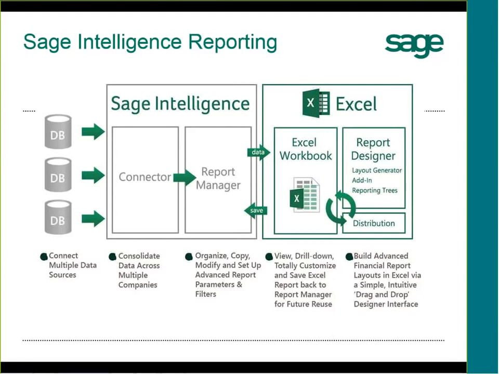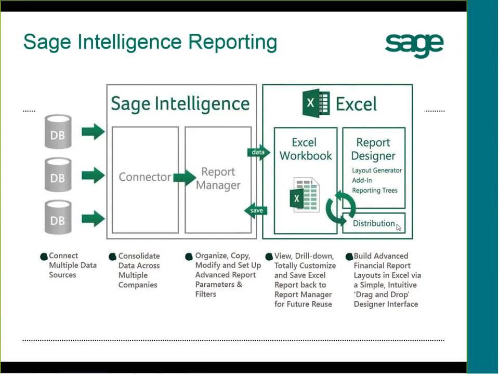Now again, Connector makes the connection to all the databases. It holds the pathway to each of your tables, and it holds all of the fields that you're going to push to Excel and all of those columns that you're going to view in Excel. Report Manager, again, is where you set your parameters and filters, and Excel is what we use to display the template.